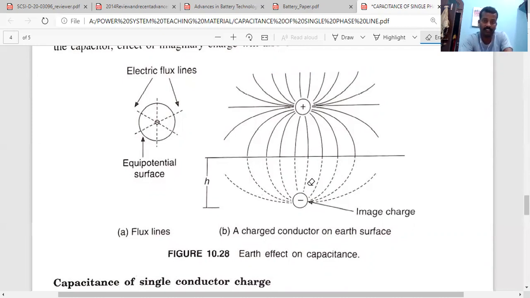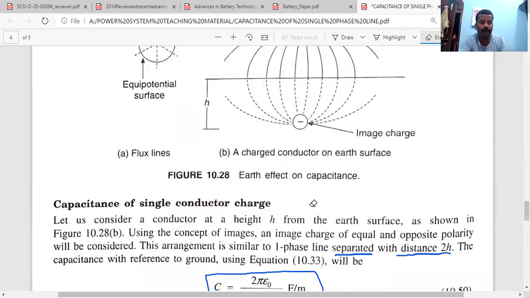This will be h also. Distance from this point to this image charge will be h. And we assume that all the flux lines meet at this image charge, right?